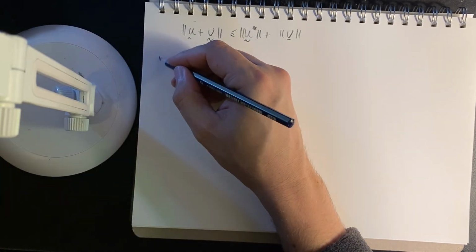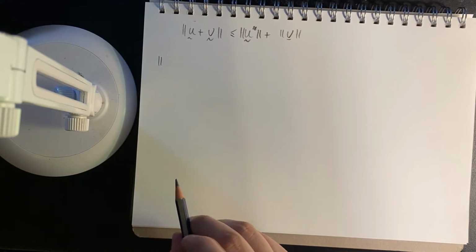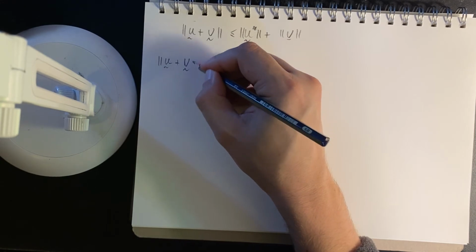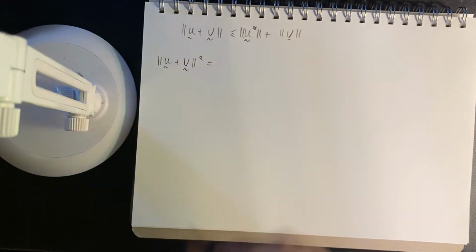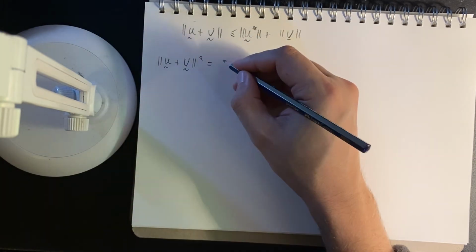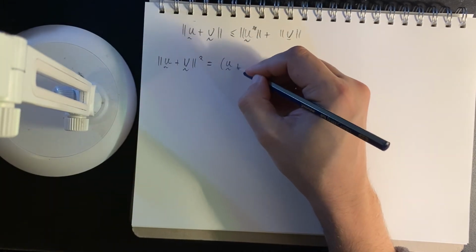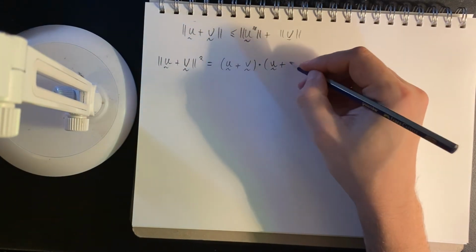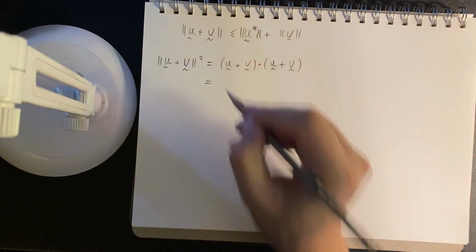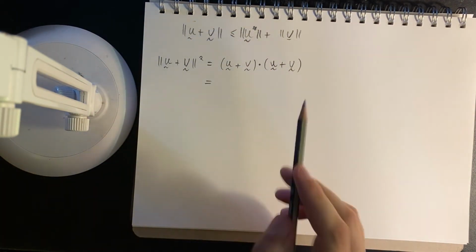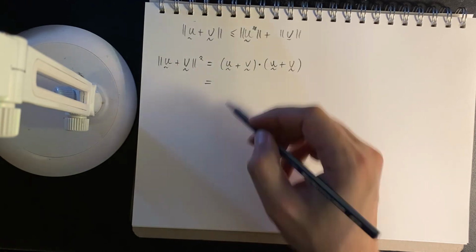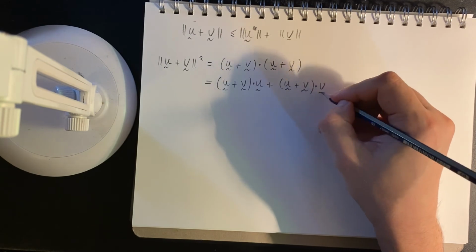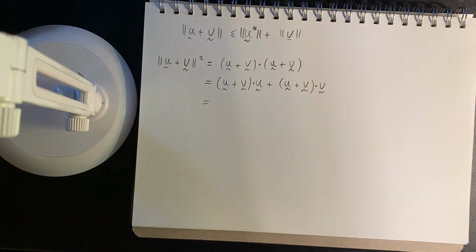So we'll go u plus v squared. That is the dot of u plus v with itself, which, again, like I said, it's a linear operator, so it's the same as this dot summed together. And then we can split those brackets again.